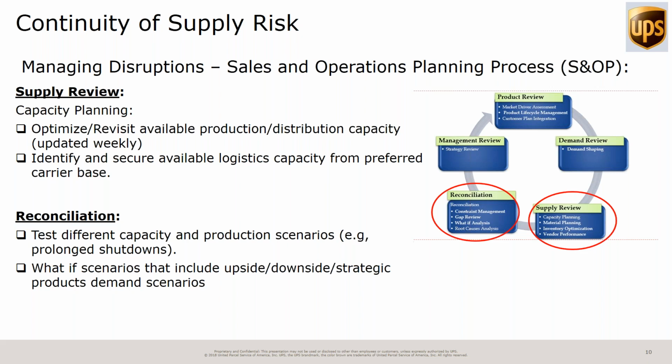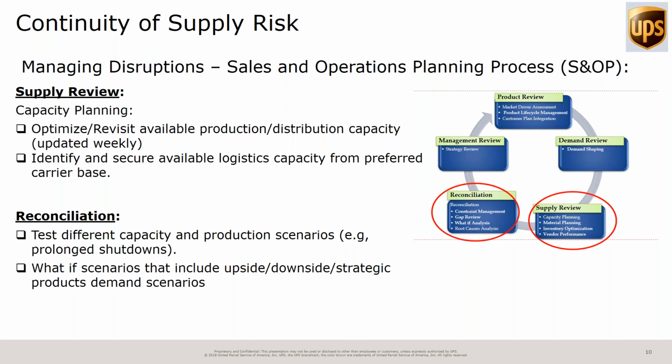Updating that weekly would give you a good full picture to understand the ramifications of how much supply you could manufacture or produce to meet the demand. And then identifying and securing available logistics capacity, especially pre-booking air or trucking with your preferred carrier base, can really help with the logistics execution aspect of fulfilling and shipping the demand.